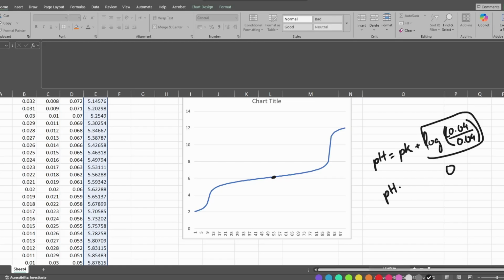So when pH is equal to pKa, it means that the ratio of conjugate base and acid is equal. So we started from this point. It will be somewhere here, 6.1, yeah, somewhere here.